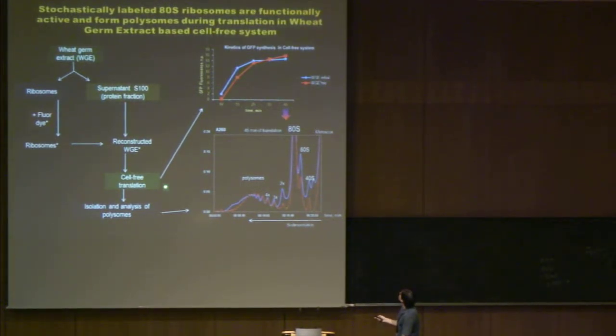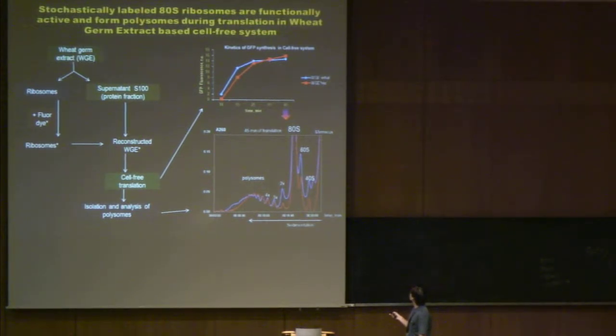So we translate with this, and we can see that the activity of the reconstructed extract, red curve, is the same as the activity of the initial extract, blue curve. As for polysomes in these extracts, the picture is the same.